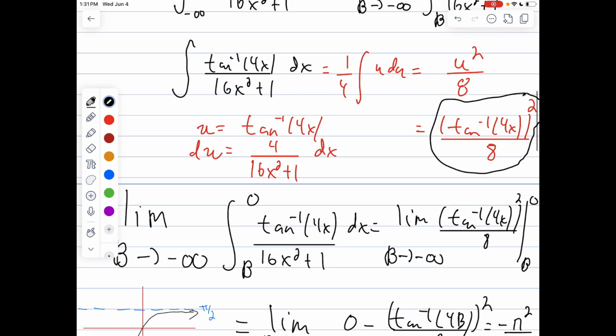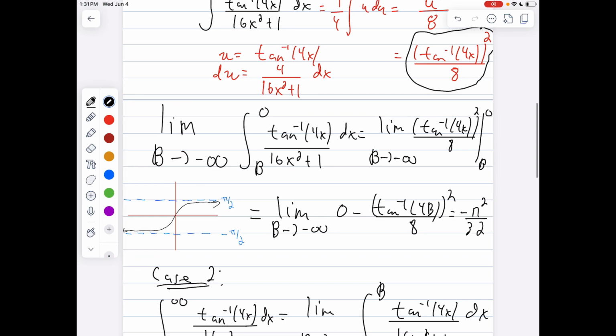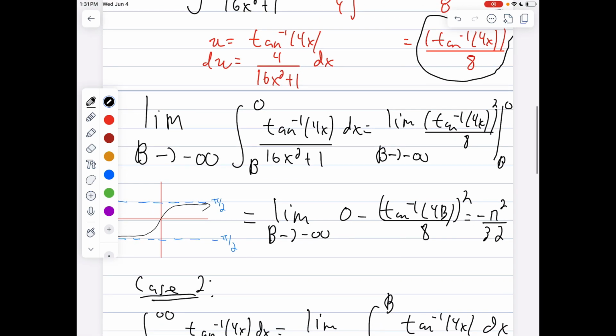So therefore, the limit of that integral that I was working with originally now turns into the limit as b goes to negative infinity of tangent inverse of 4x all squared divided by 8, going from 0 to b. If you plug 0 in, you get 0, because the tangent inverse of 0 is 0. Then we plug our b in, and what's that limit going to equal?